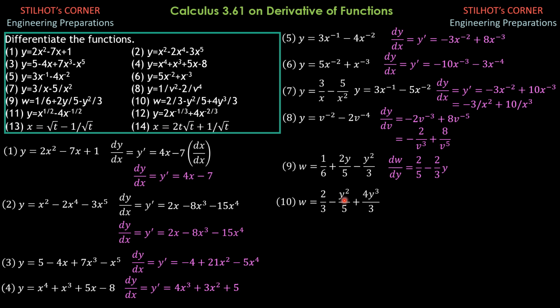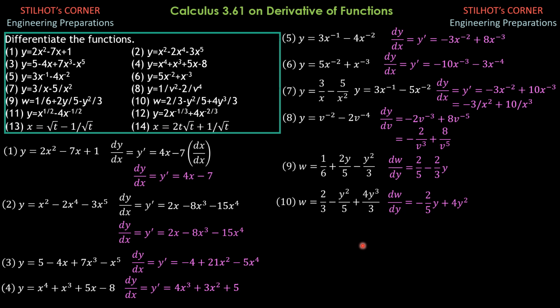So negative 2/5 y, then plus 4/3 times the derivative of y cubed, which is 3y squared. Cancel 3, so 4y squared. So the derivative of w with respect to y is negative 2/5 y plus 4y squared.